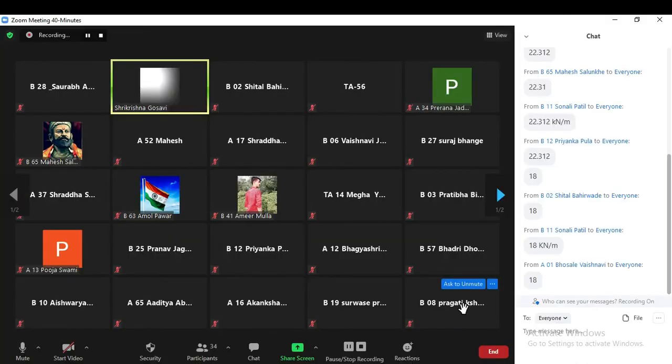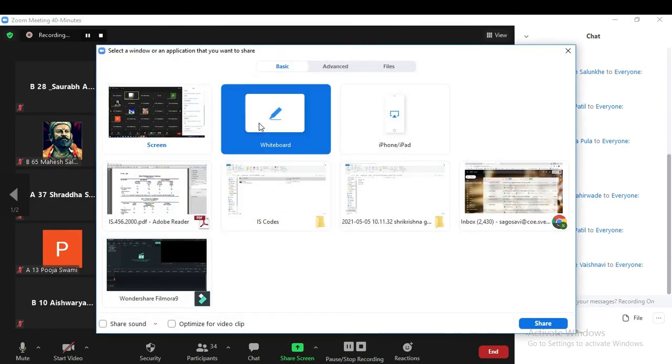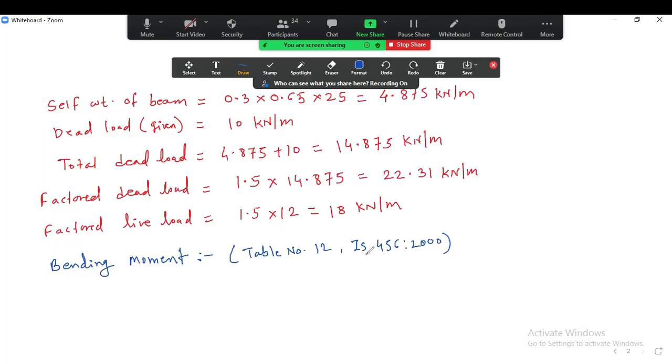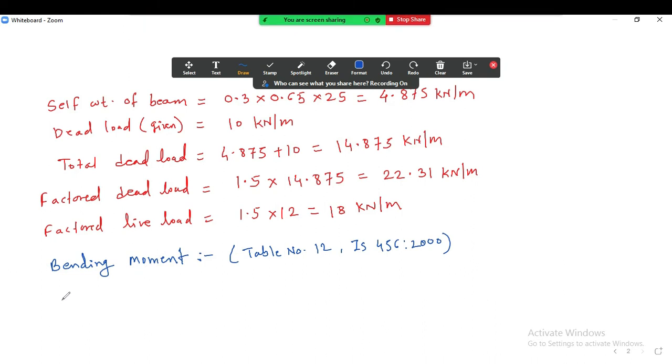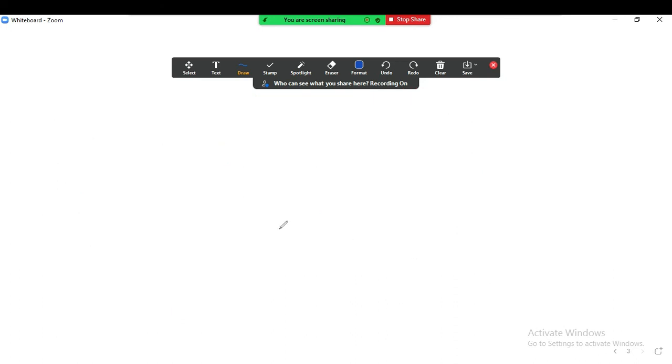Continuously shifting the screen. So now again we will come to our problem. From here we will calculate the bending moment. First, the bending moment at the end span. In the end span, first we will calculate at the center, or middle, of the end span.